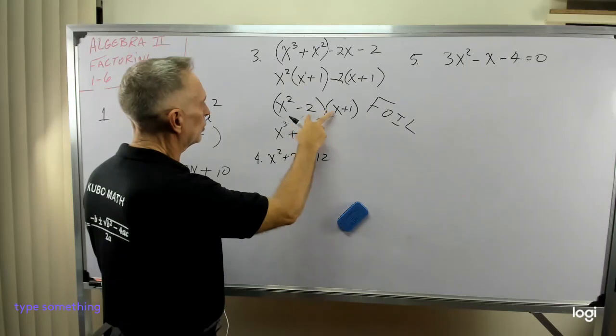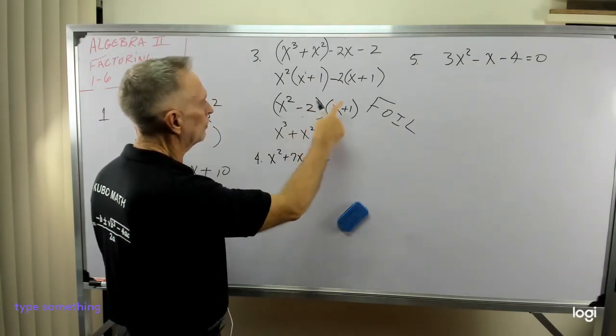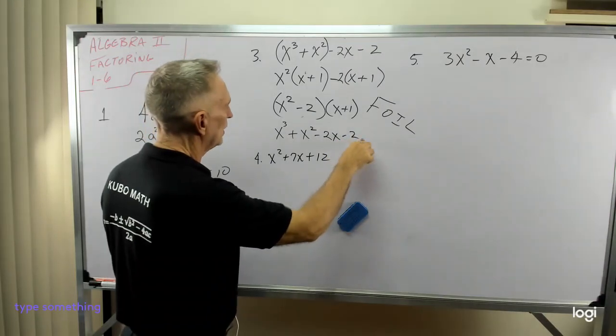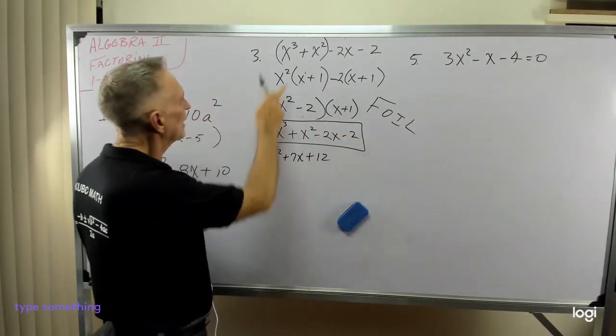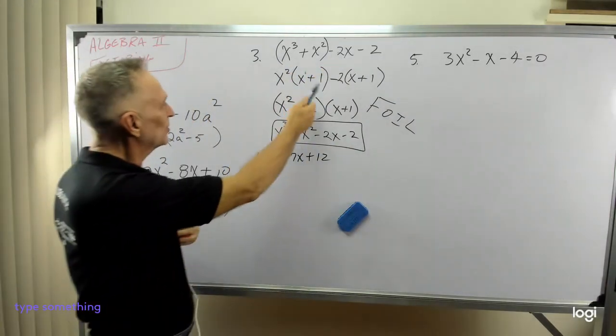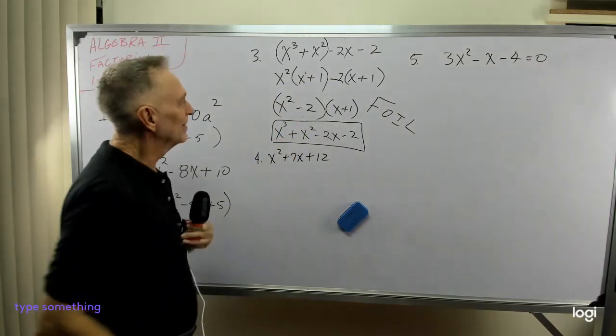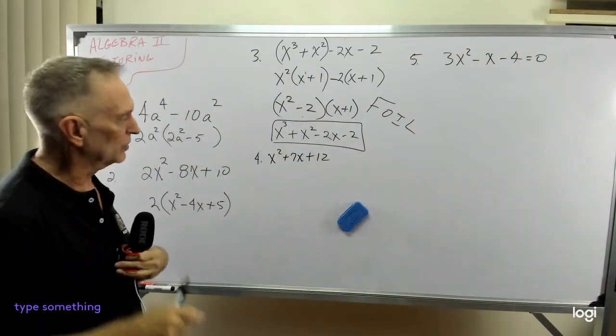Inside, a negative 2 times a positive x is negative 2x. A negative 2 times a positive 1 is a negative 2. Oh, that's exactly what we had to start with. But it's not so obvious to me that that's the way that would work. So practice, practice, practice. That's the key.